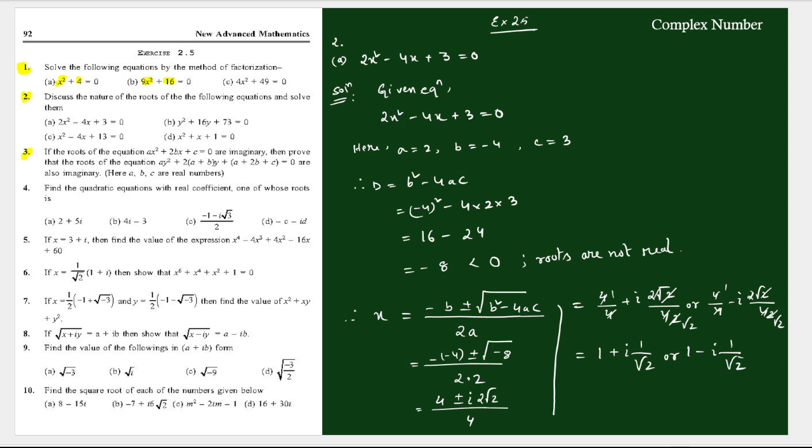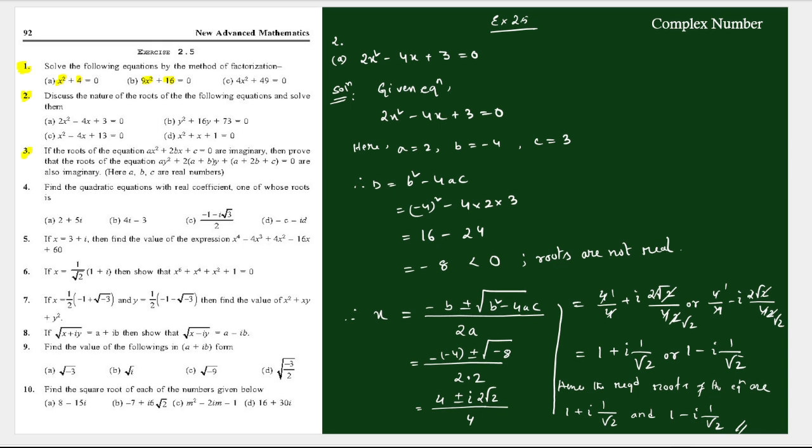Hence the required roots of the equation are 1 plus i 1 by root 2 and 1 minus i 1 by root 2. So this is how you do equation number 1. Then question number 2.